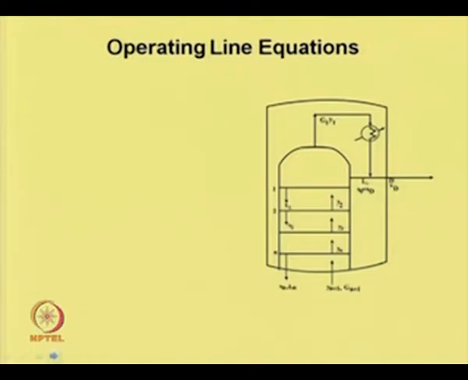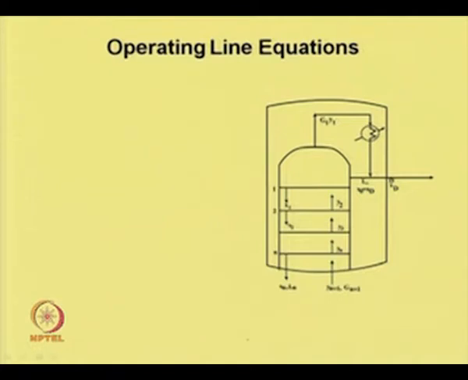Now, we will try to find the operating line for different sections. As we said, above the feed tray is called the rectifying section and below the feed tray is known as the stripping section. So, now we will see how to obtain the operating line for both sections.